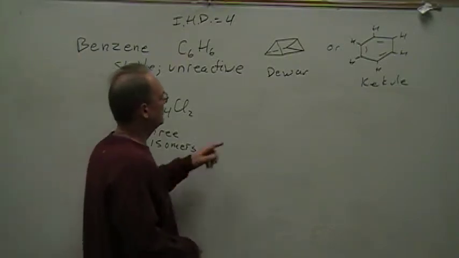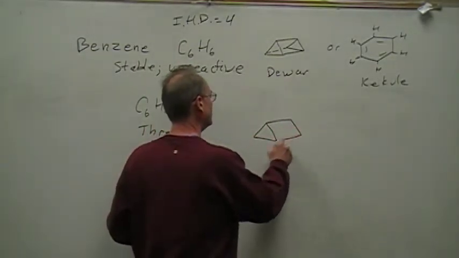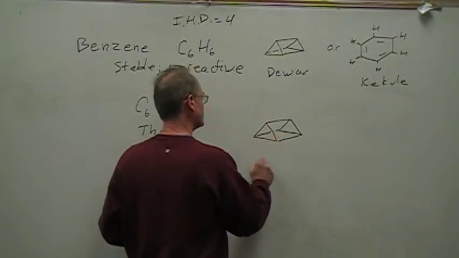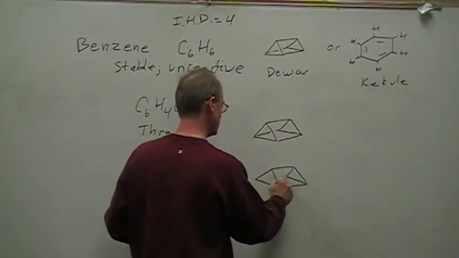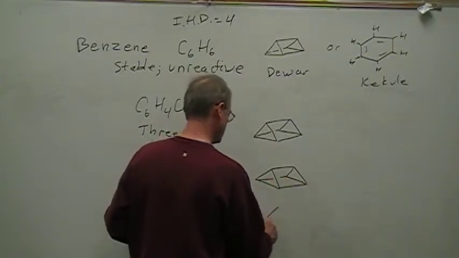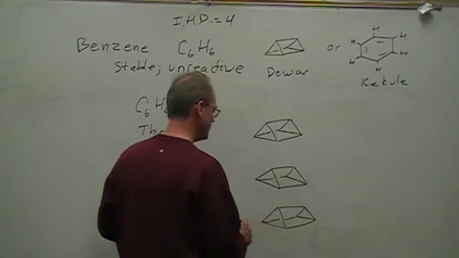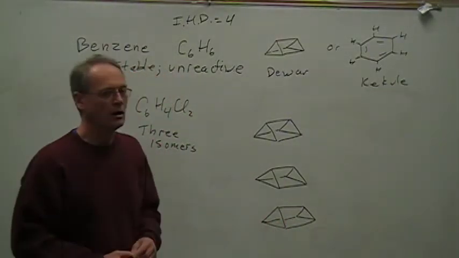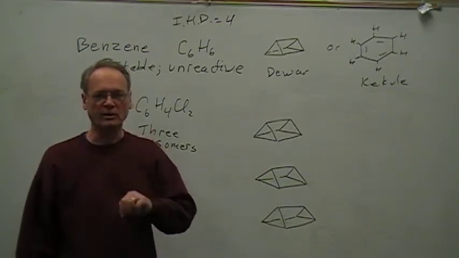see if you can draw, based on a Dewar model, that structure 3 times. See if you can put 2 chlorines onto this skeleton 3 different ways that would all be different from each other.